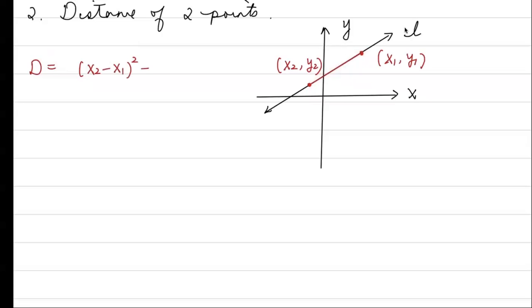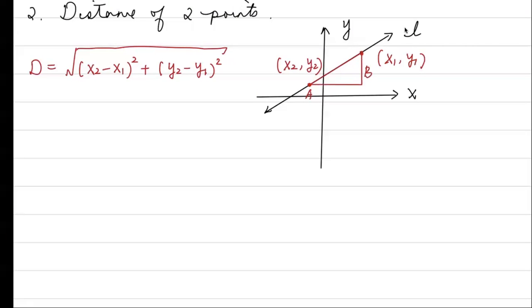The distance between these 2 points, let's call them A and B, so the length of line segment AB is equal to the square root of (x2 minus x1) squared plus (y2 minus y1) squared.